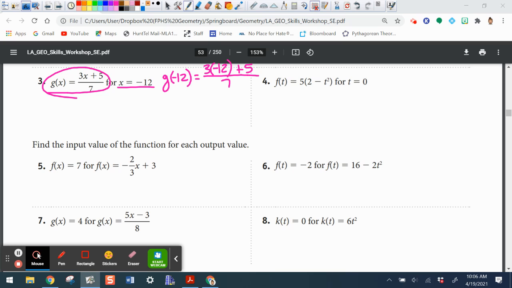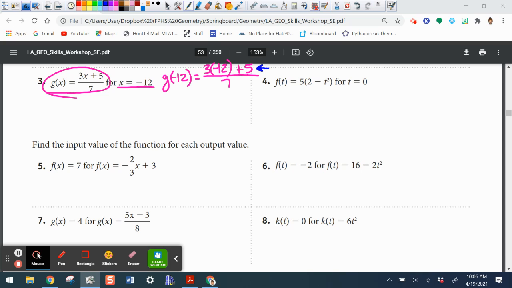Now, it is understood that fractions are considered division. However, when handling a fraction, we have to simplify the numerator first, which is the top of the fraction, before we approach any kind of division here. Or it's definitely more mindful to do it that way. It gets a little bit more tricky when we start trying to handle that division.